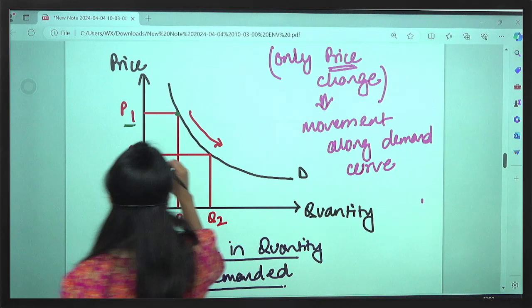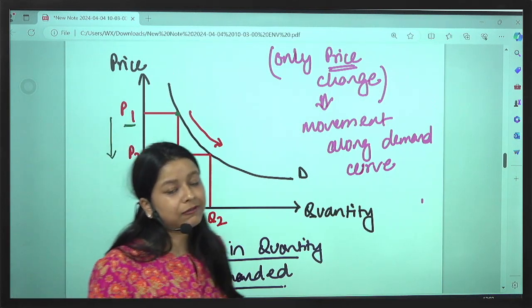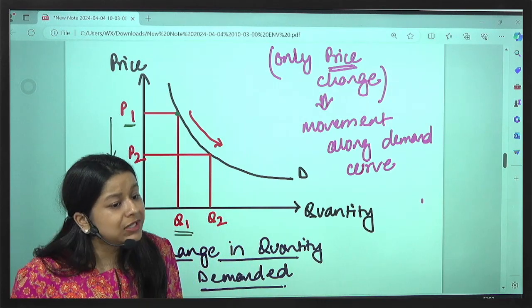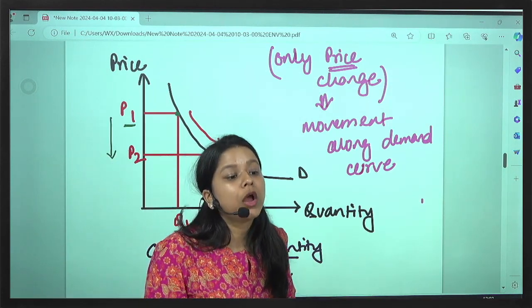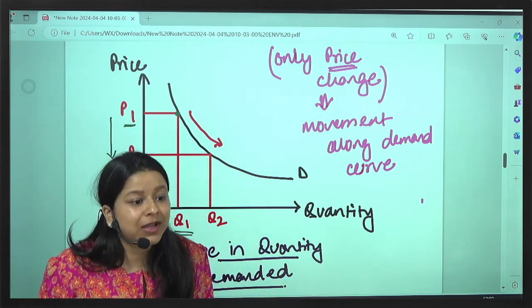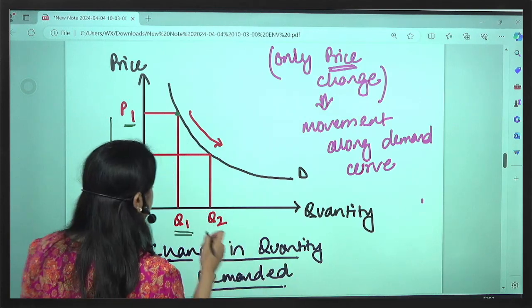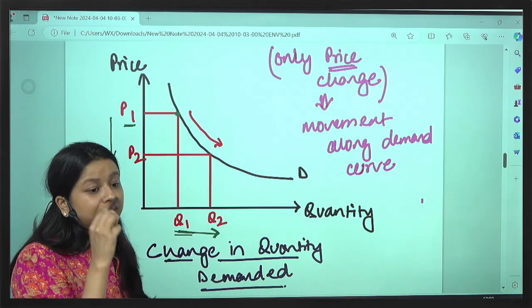Let's suppose the price of the mangoes has gone down from 500 to 400. Now you will consume more. There will be more quantity demanded. Instead of buying 5 kgs, I am buying 6 kgs. Quantity demanded is moving.